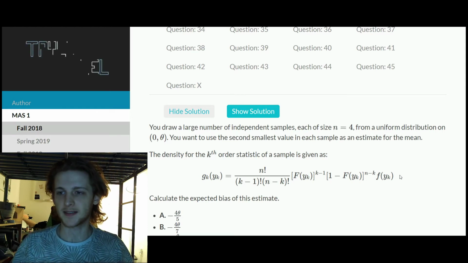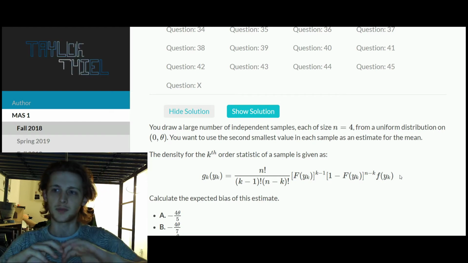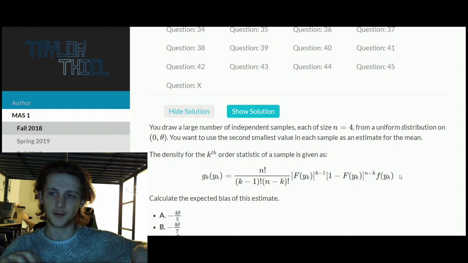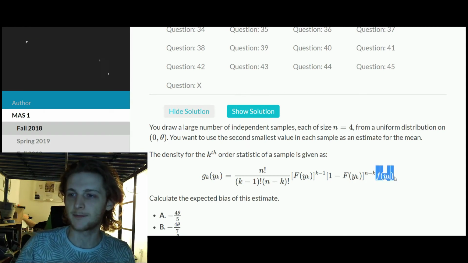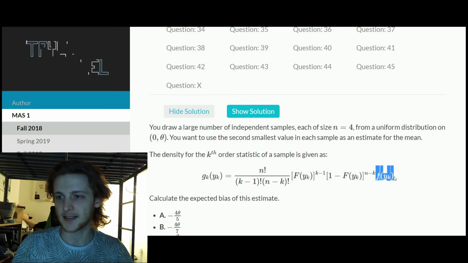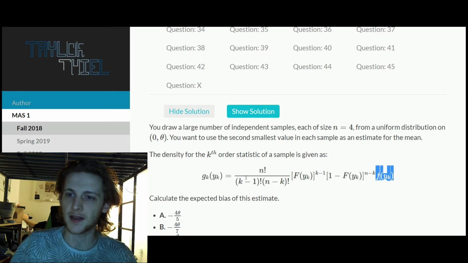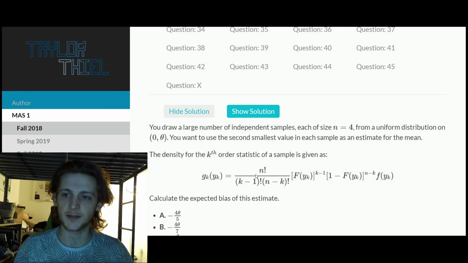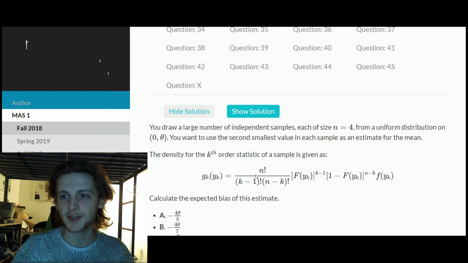With order statistics, you have to use CDFs and 1 minus CDFs, because you have values below the order statistic you're interested in and above it, and then the PDF for the specific order statistic of interest. And then you also have this mess of factorials, which is a result of the different ordering of those points within those groups.